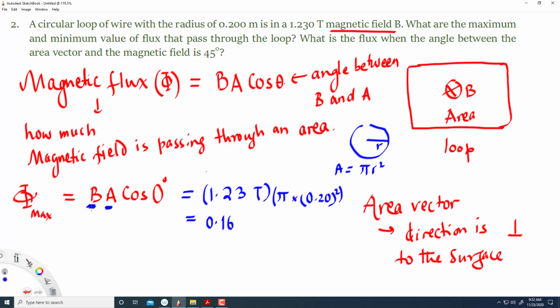You can guess that by looking at these quantities. Exactly, yes. So Tesla meter squared.